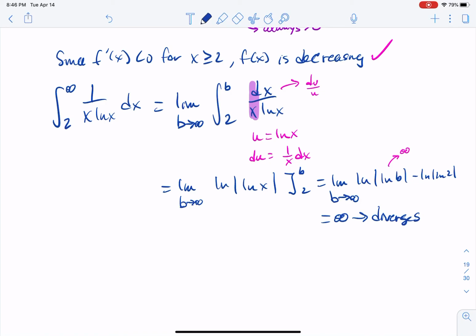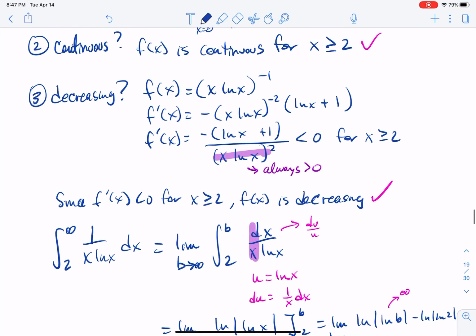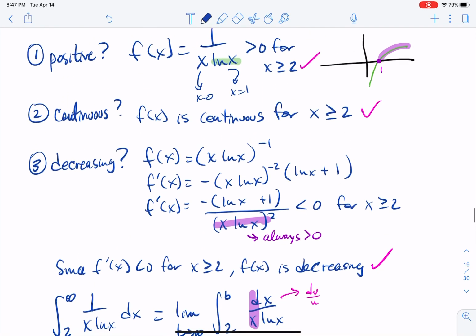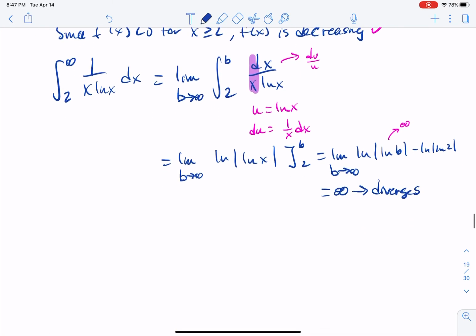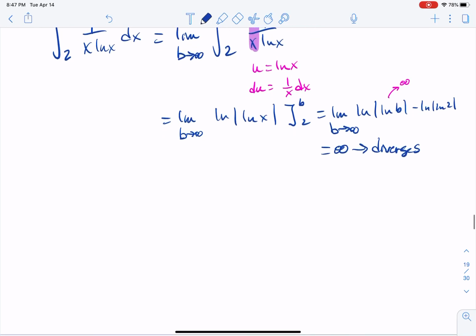All right, if that improper integral diverges and the function that we use to represent it is positive, continuous, and decreasing, by the integral test, our series must also diverge.